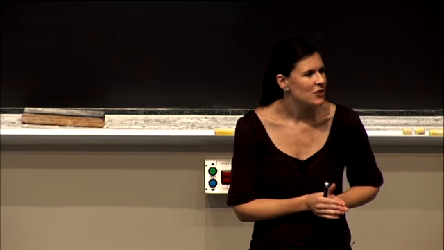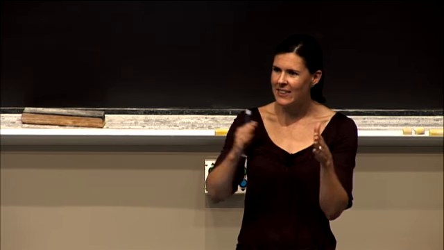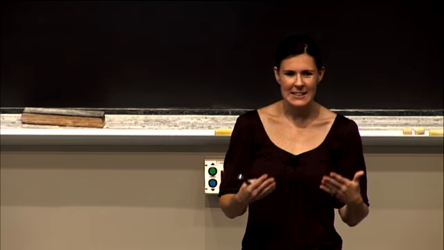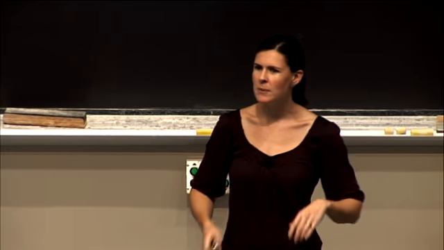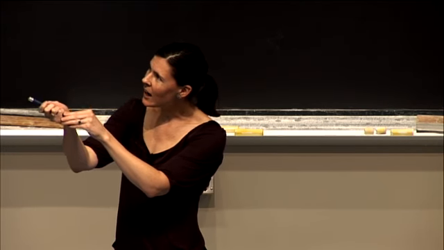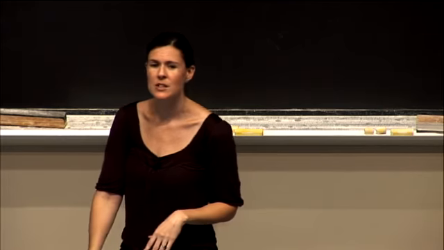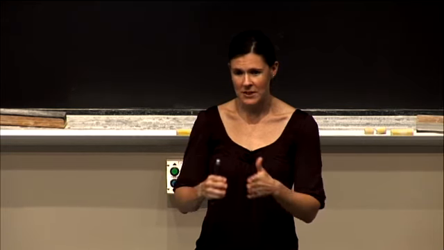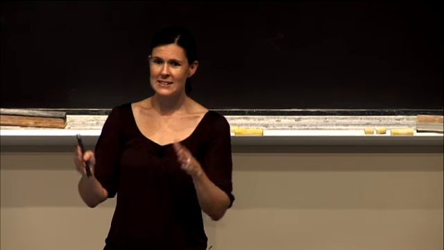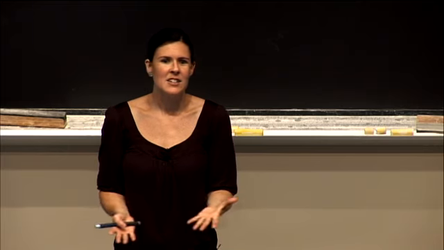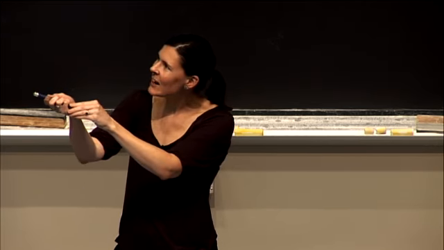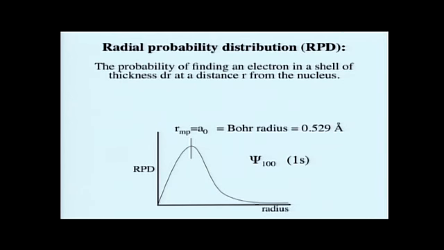But if we're actually interested in thinking about how far away that electron is from the nucleus, you can see that instead of talking about probability density, which is a probability per volume, it would be much more useful to talk about something called radial probability distribution, or in other words, the probability of finding the electron at some distance, which we define as r, from the nucleus, in a spherical shell that is infinitesimally thin, at a thickness that we'll call dr here.